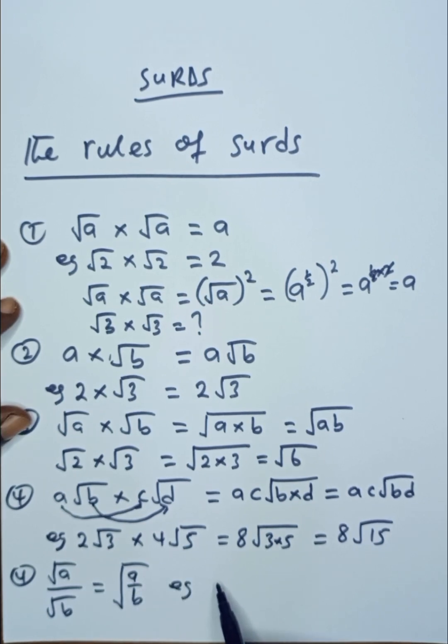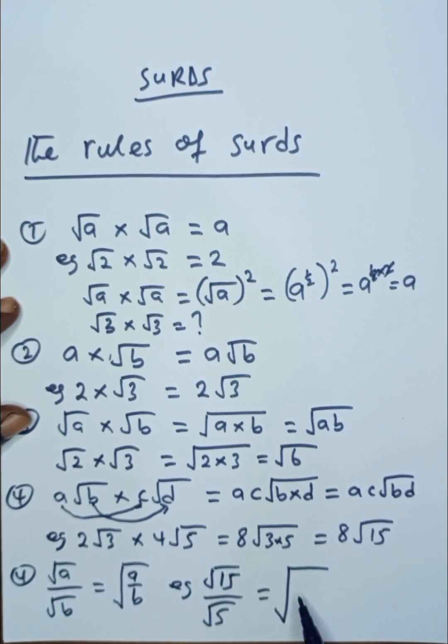Example, let's say we have square root of 15 over square root of 5. This one is the same as, since they are all under the square root sign, we can write one big square root, then write 15 over 5 under the root sign.